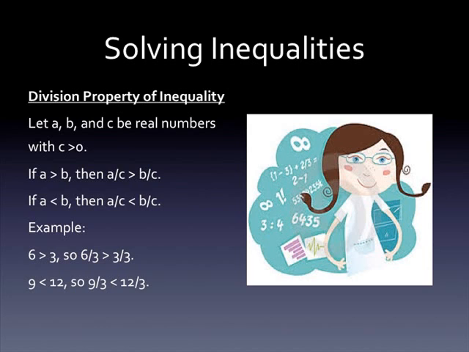If A is greater than B, then A divided by C is greater than B divided by C. If A is less than B, then A divided by C is less than B divided by C. Example: 6 is greater than 3, so 6 divided by 3 is greater than 3 divided by 3. 9 is less than 12, so 9 divided by 3 is less than 12 divided by 3.